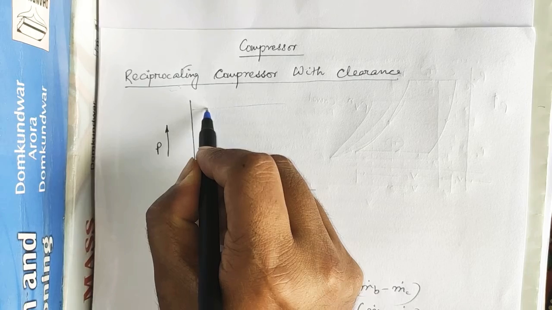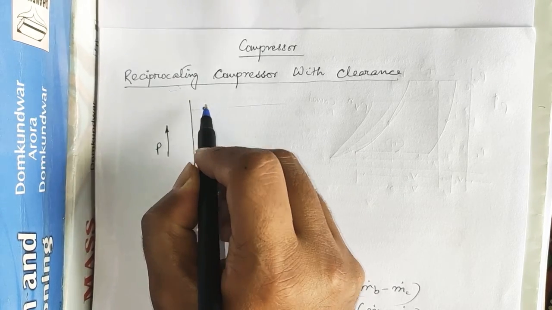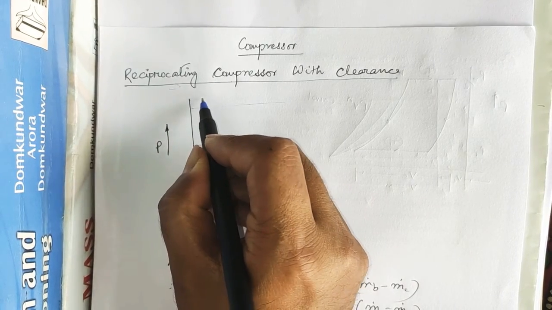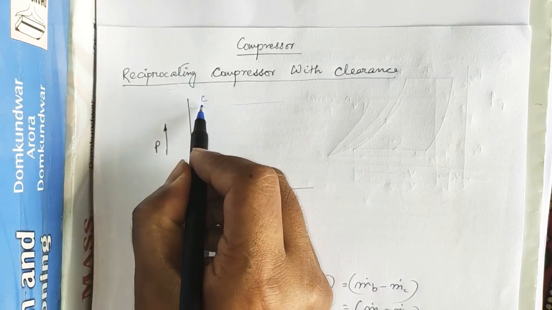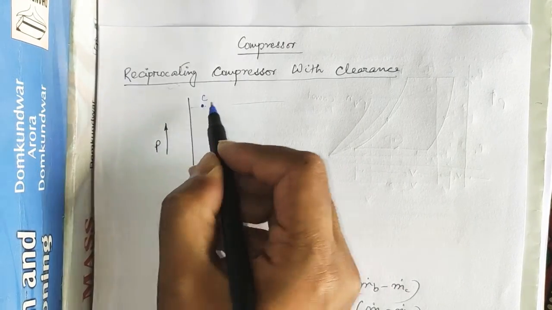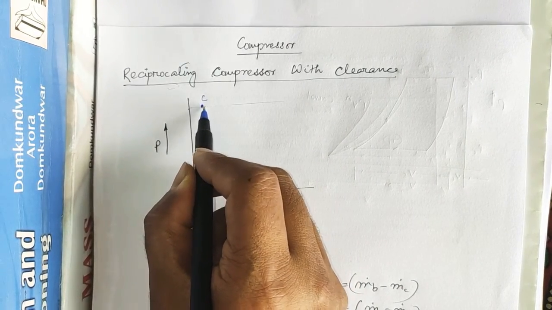Consider that at the end of the delivery stroke, the position of the piston is at point C, if we consider some clearance volume is there, otherwise it will be at this point.